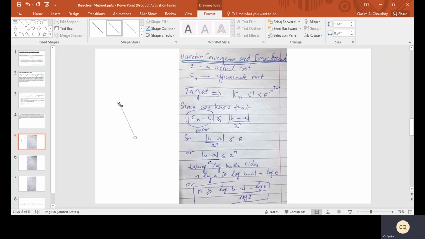And students, if you are moving away like this, then it means you are diverging. So basically, in the bisection method, you are gradually approaching towards your main solution.